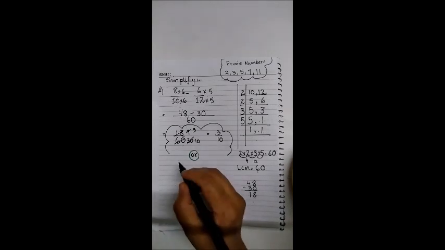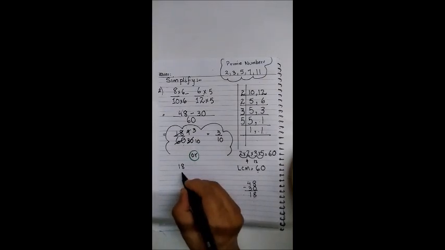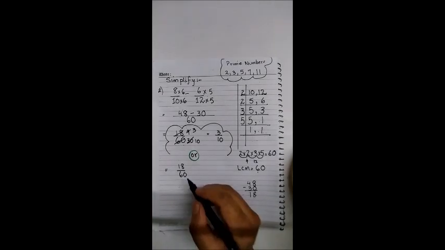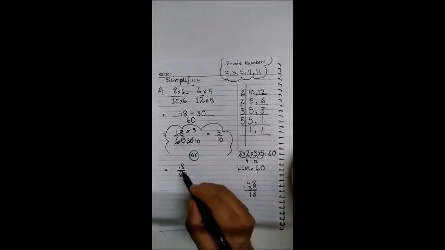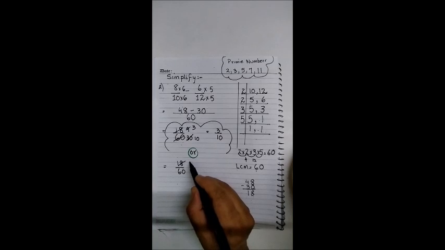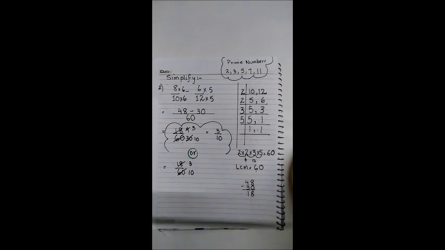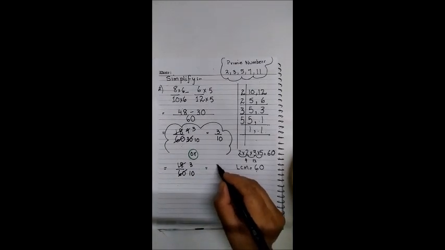Or I can take the same number 18 upon 60. I'm teaching you the other way around. I have chosen the 6 times table. In the 6 times table I have both these numbers. 6 times 3 is giving us 18 and 6 times 10 is giving us 60. So my answer will be the same, 3 upon 10.